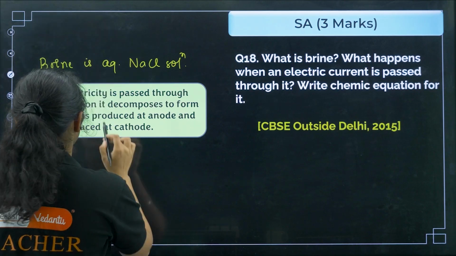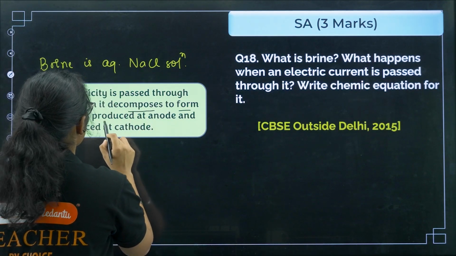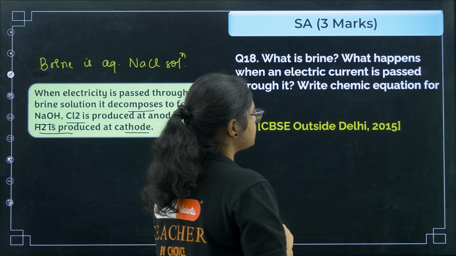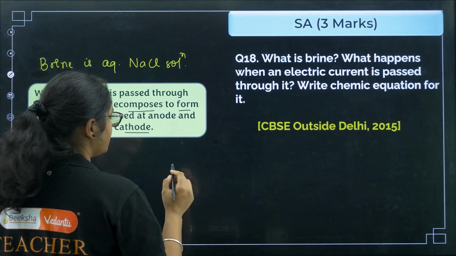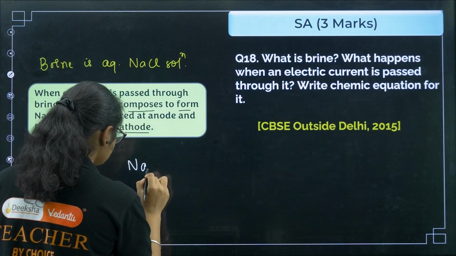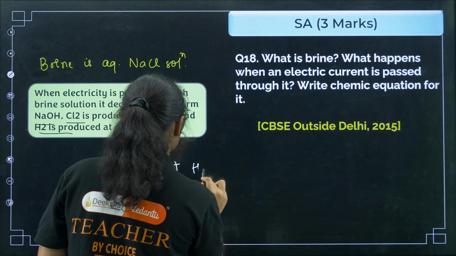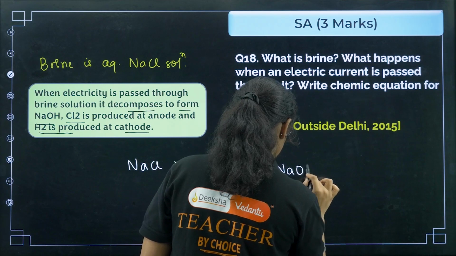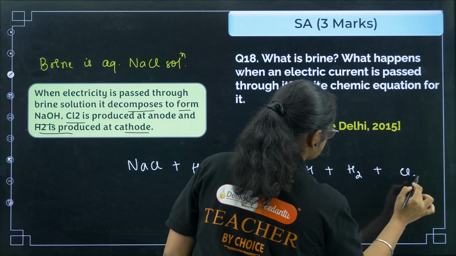Now what happens when an electric current is passed through it? It decomposes to form NaOH, Cl2 is produced at anode, and H2 is produced at cathode. Next, write the chemical equation for this one. NaCl plus water will give you NaOH plus H2 plus Cl2.